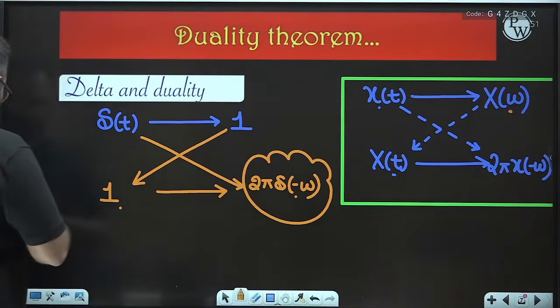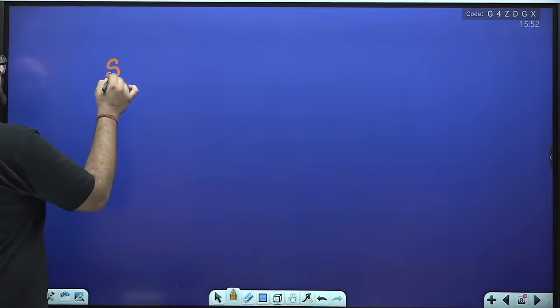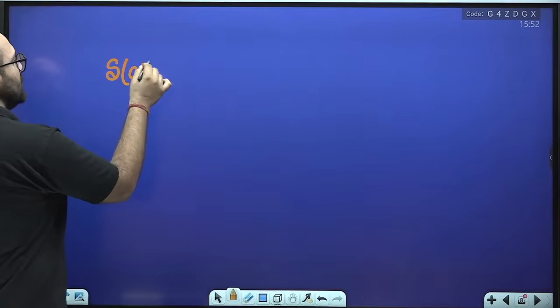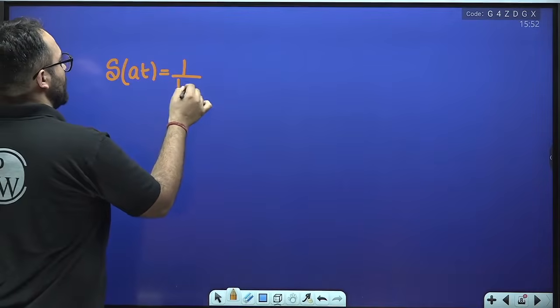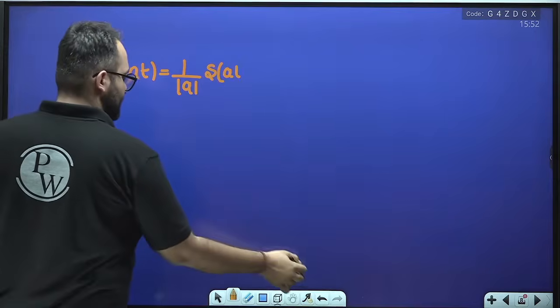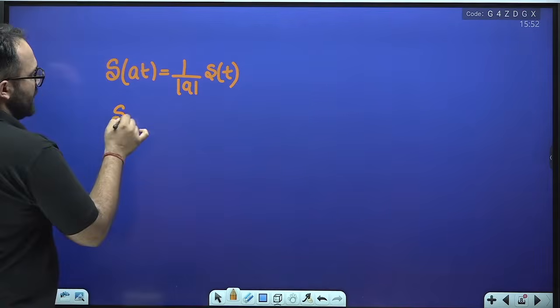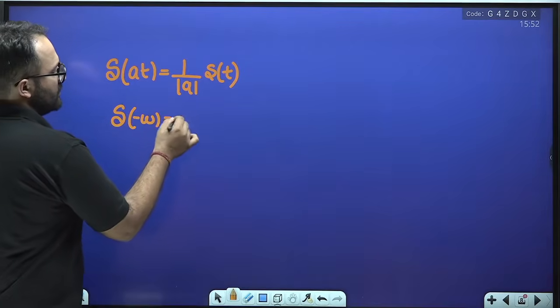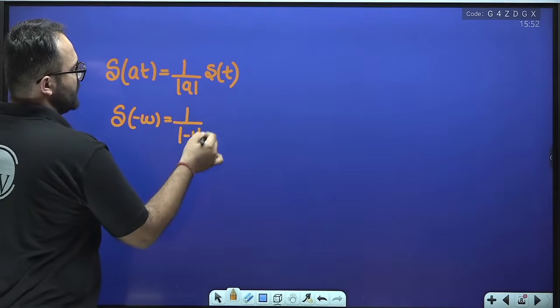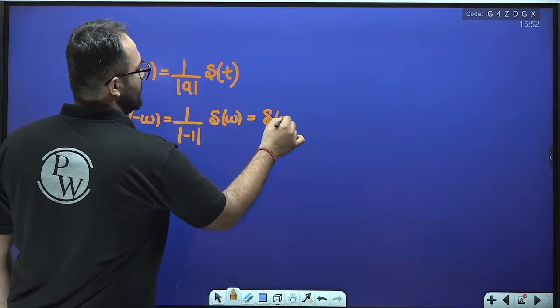So let me help. We know that del at is equal to 1 upon mod a del t. So del of minus omega will be equal to 1 upon mod of minus 1 del of omega, that is equal to del omega.